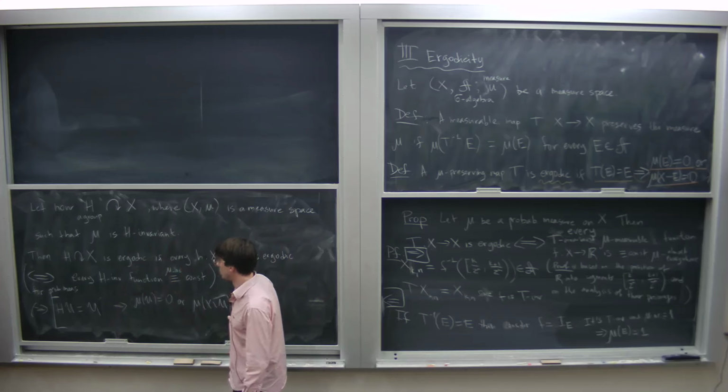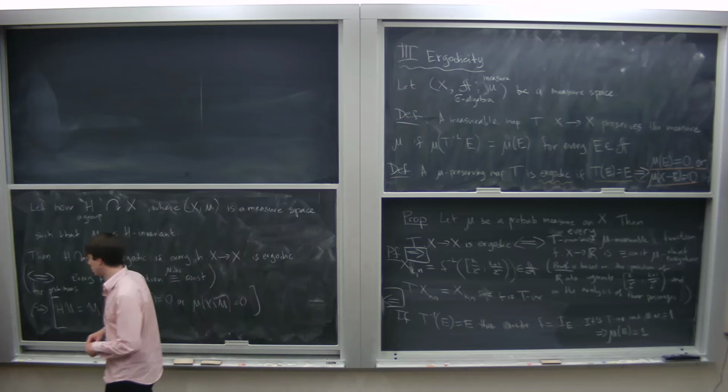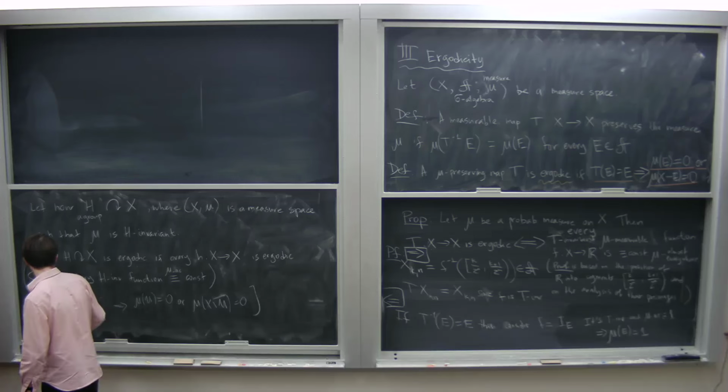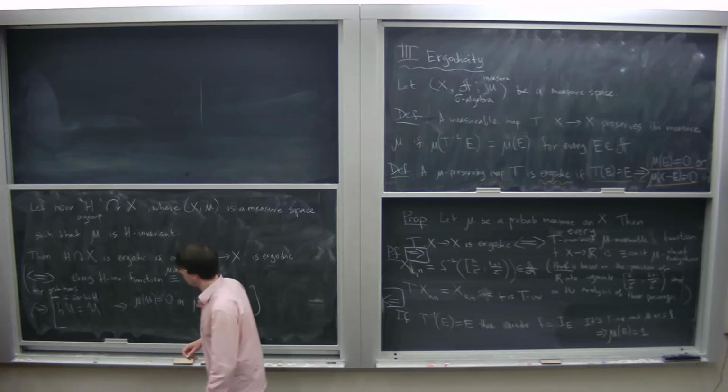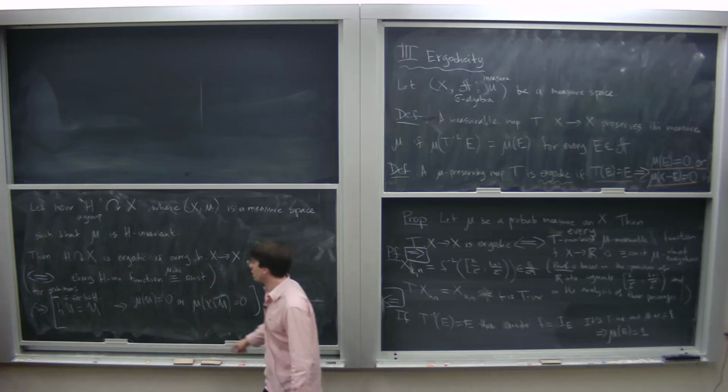Okay, so you could state the condition for all H. So if for H in H we have HU equals U, then we say not trivial, because the identity maps are not ergodic.